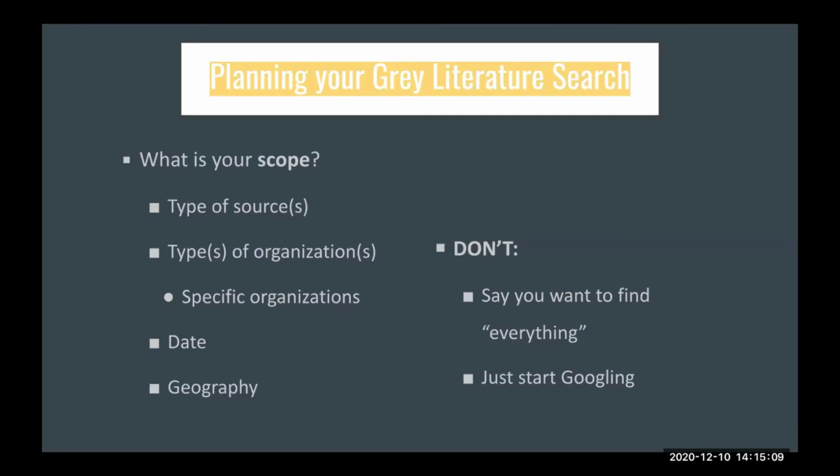You want to tell yourself, okay, I'm interested in preprints on this emerging disease because peer review takes a long time, and I want to see what studies are out there that maybe haven't made it through that process yet. Or you might say to yourself, okay, I need to make sure that I look for data from nyc.gov from the school districts, because I need information on school meals for my research.